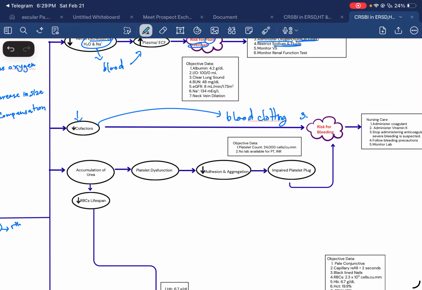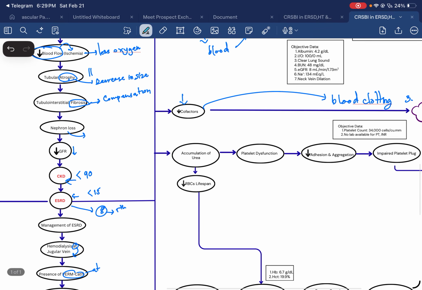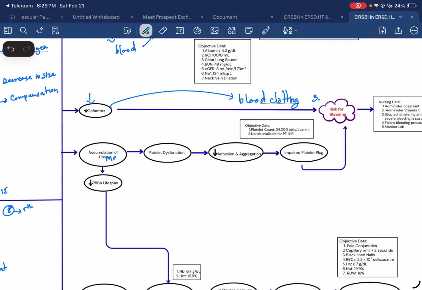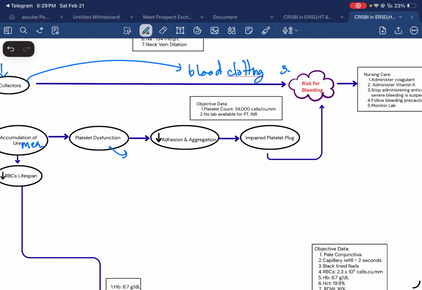And in ESRD, there is accumulation of uremia, which means the kidney cannot excrete waste products, and this uremia leads to dysfunction of platelets. Thereby the platelets cannot adhere and aggregate to form the platelet plug, and he can have risk for bleeding.